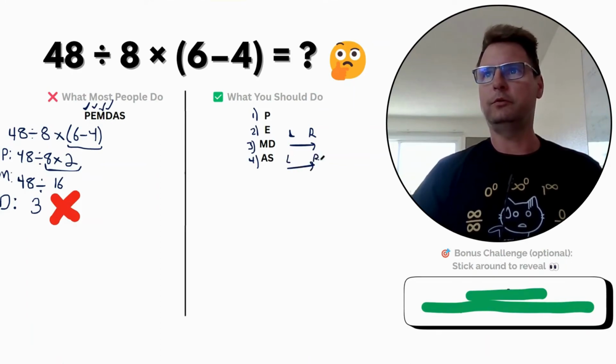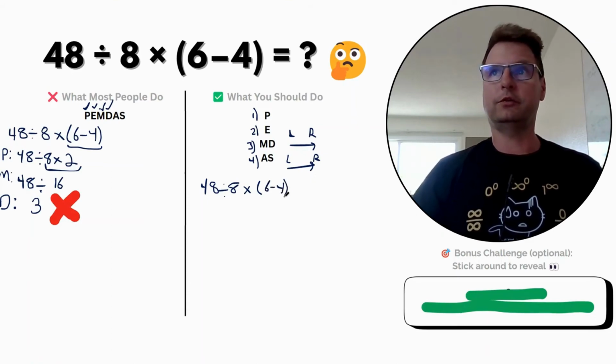So let's redo this using these rules. What do we have to start? 48 divided by 8 times, in parentheses, 6 minus 4. So in this case, we start off the same, right?